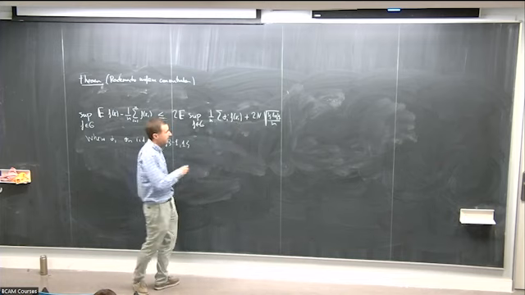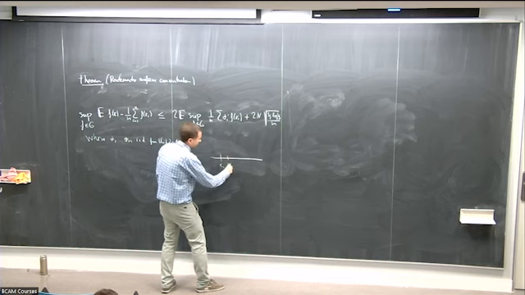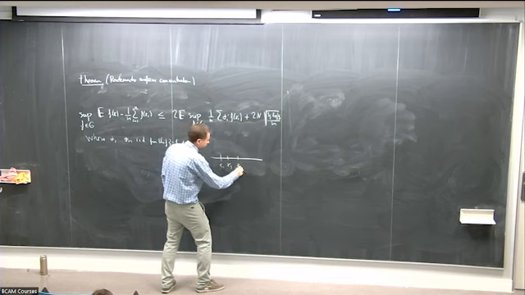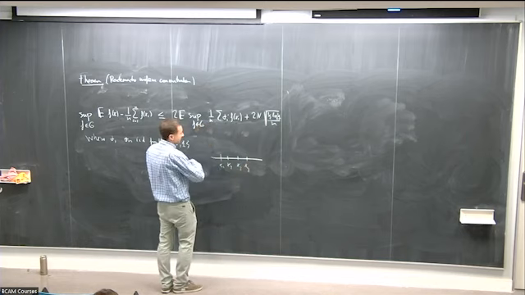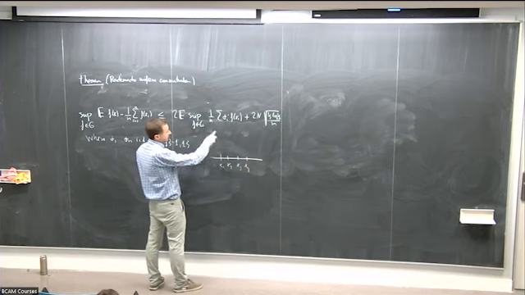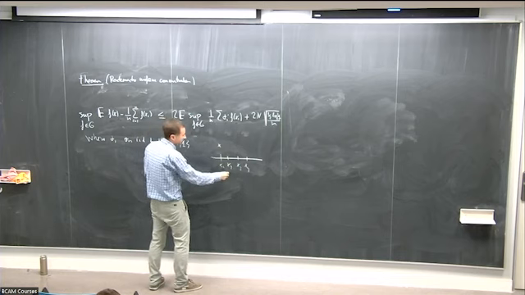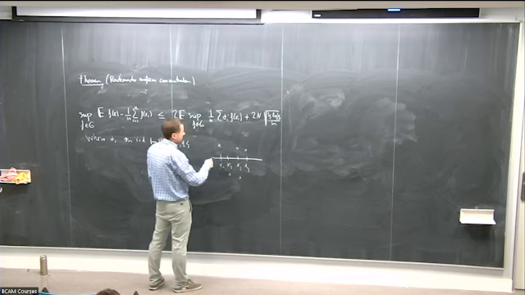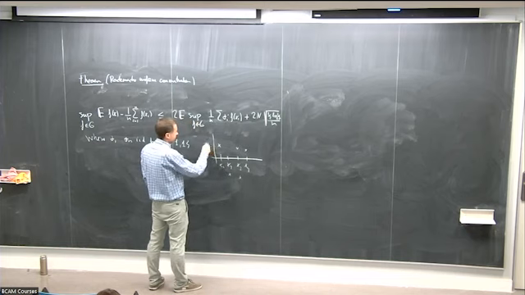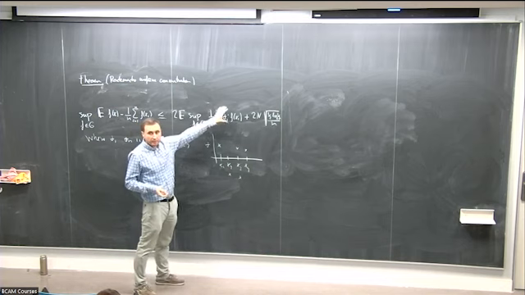If you want to make a picture, you have some samples, and for some samples the sigmas are positive, for other samples the sigmas are negative, etc. Here I'm putting the values of the sigmas. So this quantity would be big.